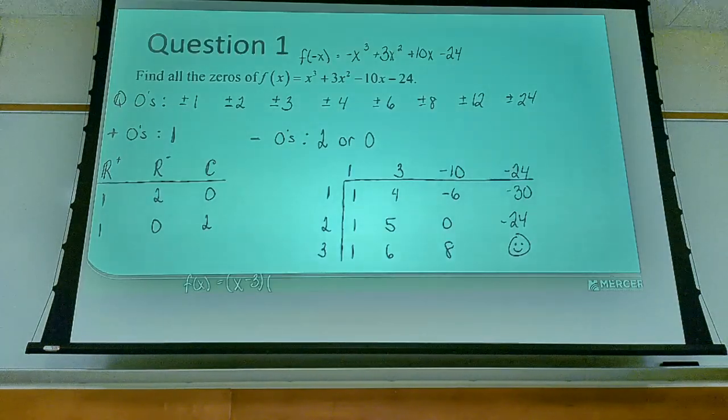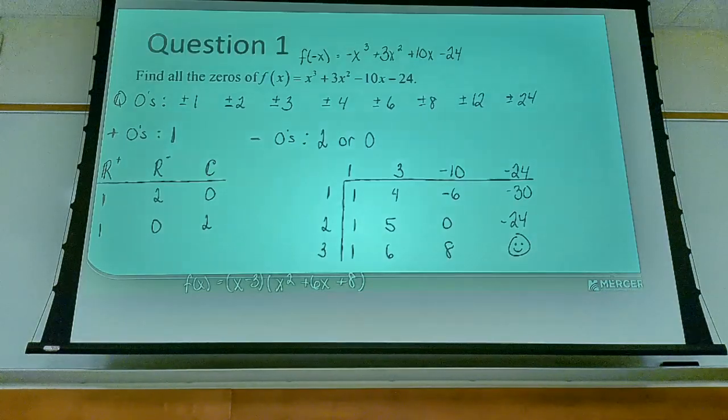X squared plus 6x plus 8. So the idea is you want to keep repeating this process until you get a quadratic factor. Right? So until you reduce it down to a quadratic. Because quadratics you know how to solve.